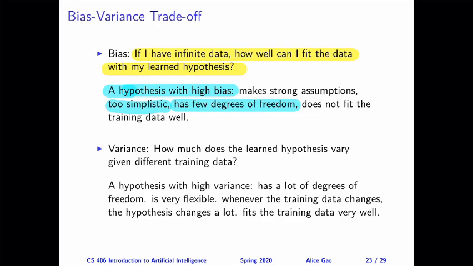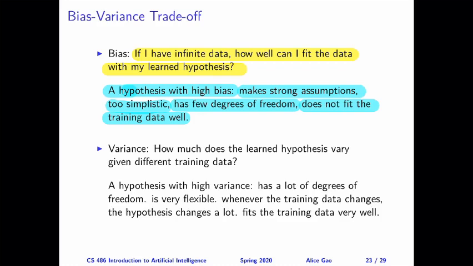If you have a simple function, the function says, data have to follow this particular form. There's no freedom in terms of how it might look. Because we have such a simple function, it tends to not fit the training data very well because we just don't have enough freedom to accommodate all the possible different points in the data set.